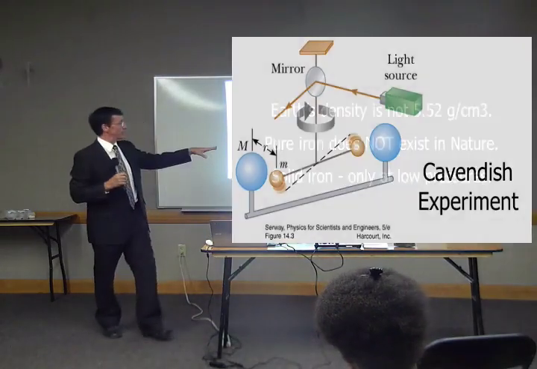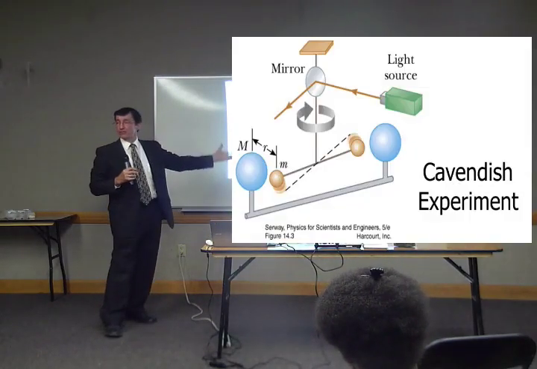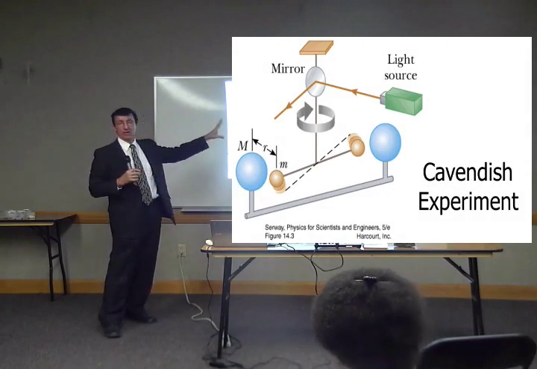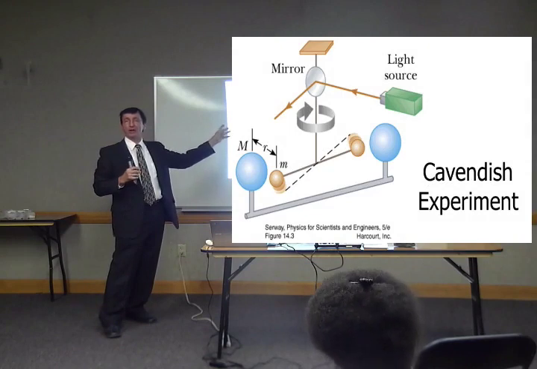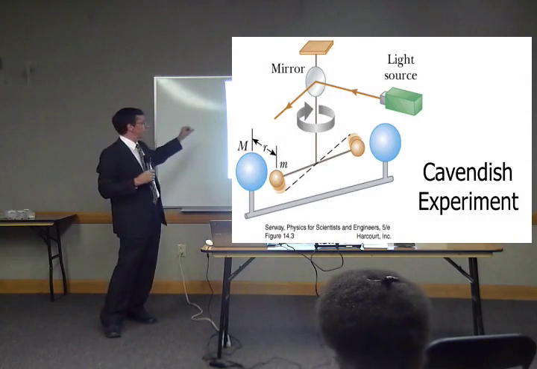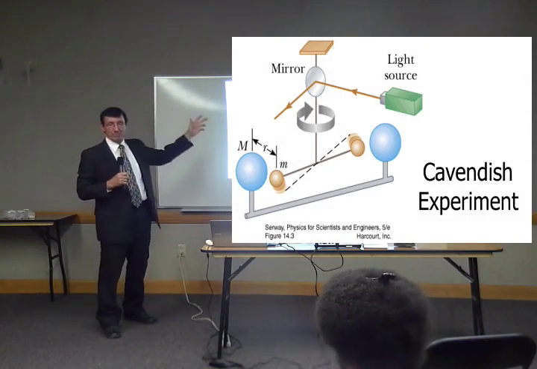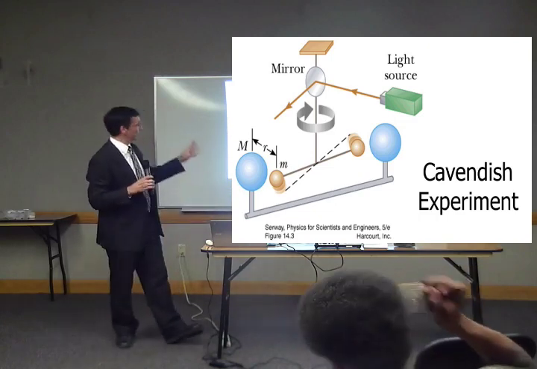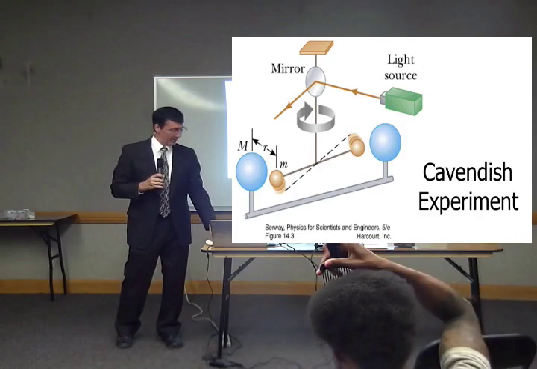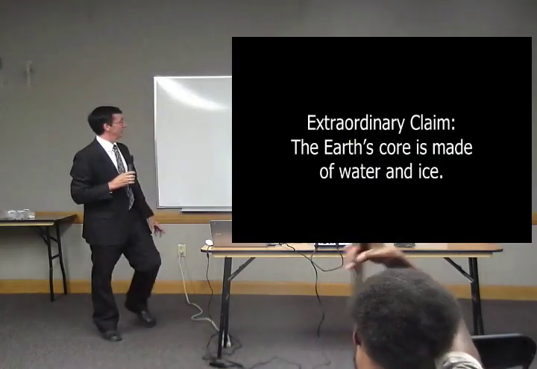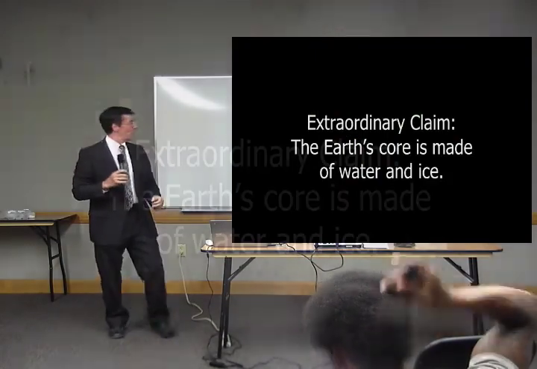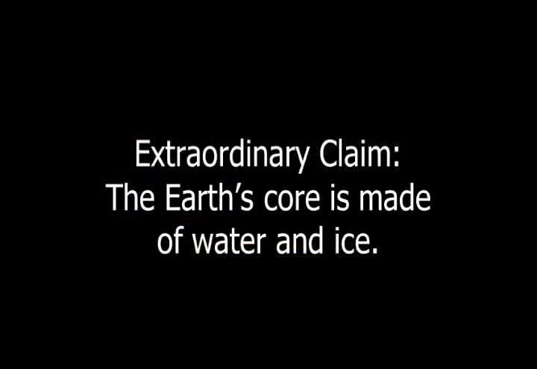The Cavendish experiment is where they measured the mass of the Earth, but the UM does point out some problems with that experiment, and yeah, we can't reproduce it. So there's definitely some problems with that, and the UM points them out, but I don't have time to go into them today. So another extraordinary claim is that the Earth's core is made of water and ice.